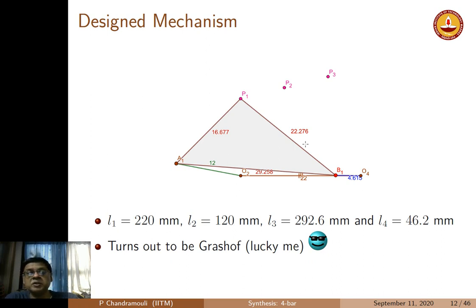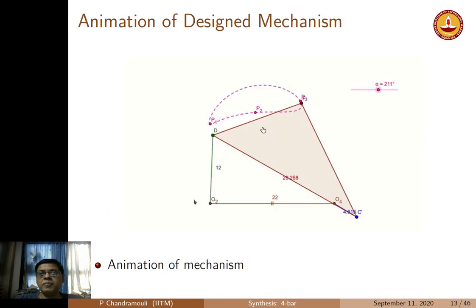So you can see that becomes my crank, and it turns out to be Grashof, fortunately for me. And this is the coupler point that we have. Before I animate, you can see this is the locus of the coupler point. We thought we'd get a straight line, but unfortunately, while the coupler does occupy those positions P1, P2 and P3, I don't quite get a straight line.